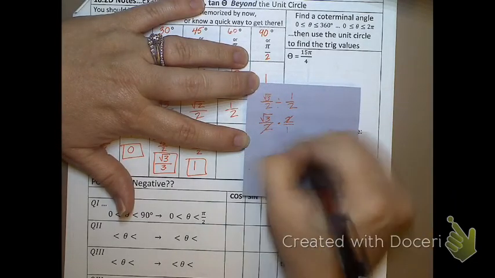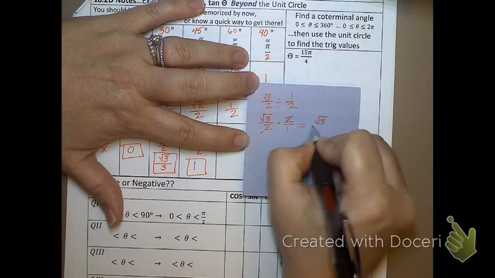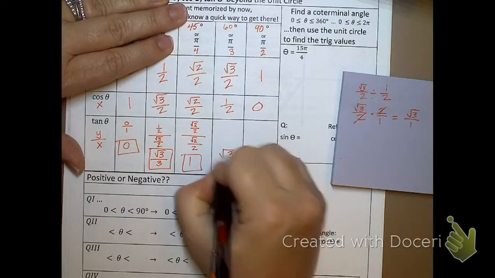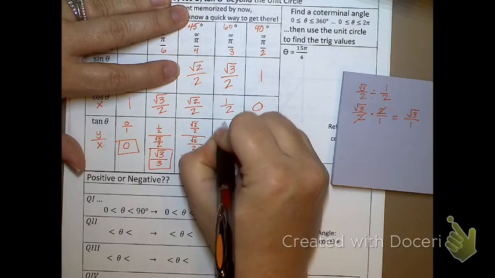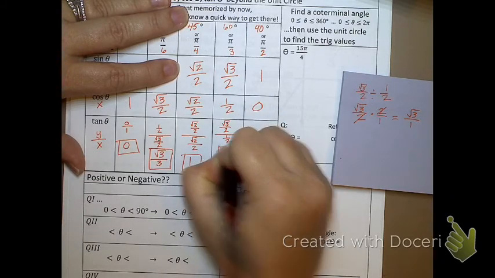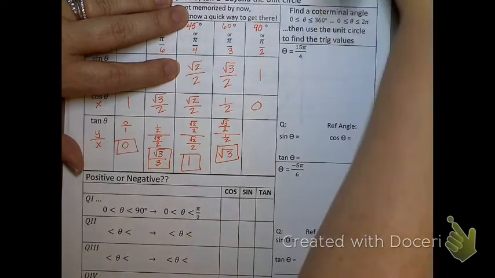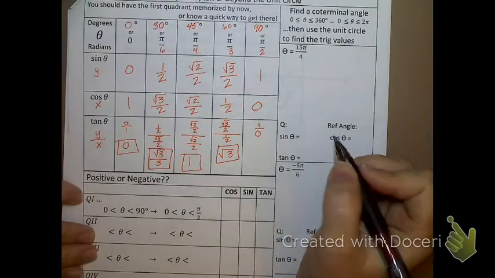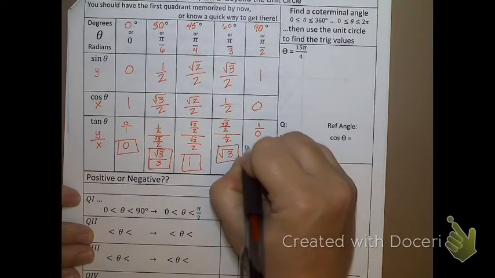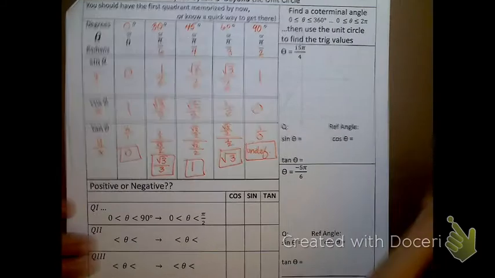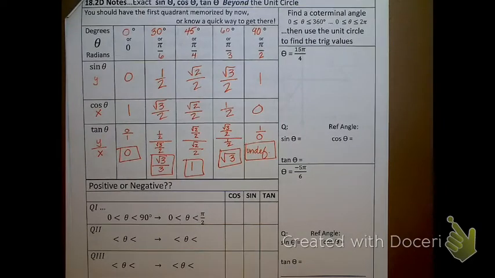Those cancel, and I'm left with radical 3 over 1, which I can just call radical 3. And I'll write this in so that you can see where I got it from. Radical 3 over 2 over 1/2. And then this guy, 1 over 0. What is 1 over 0? Undefined.